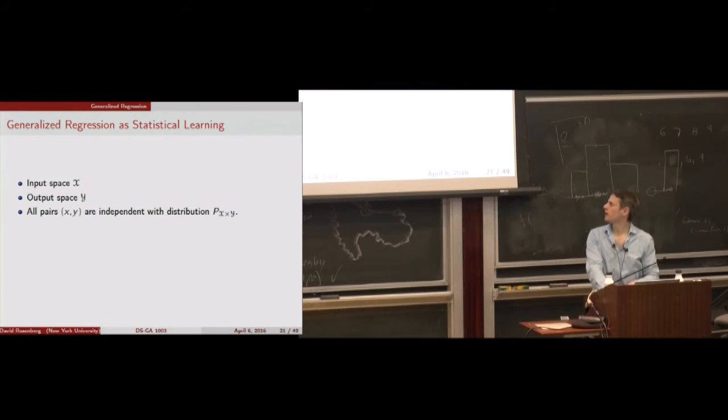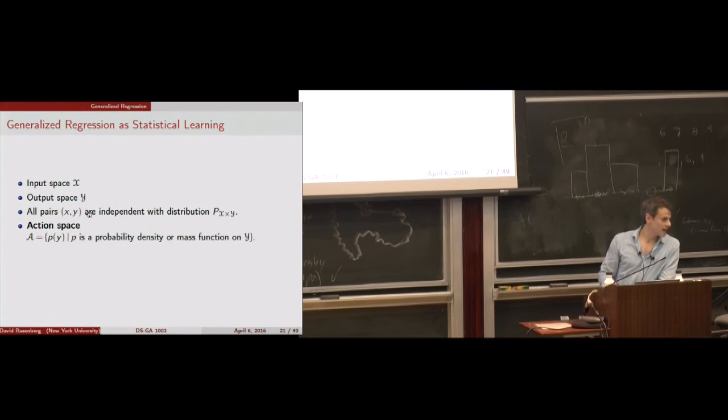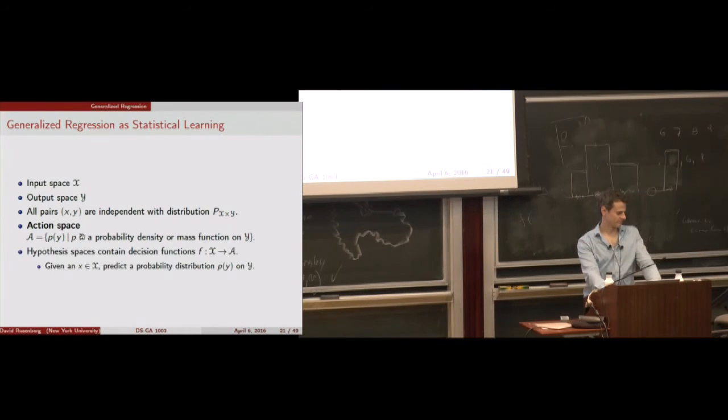All right, so we have input and output. Now we have input-output pairs that are assumed to be IID from a distribution, just as usual. Action spaces are densities, or distributions.